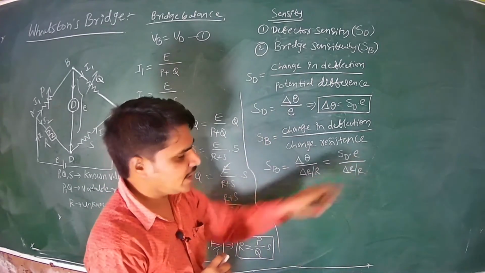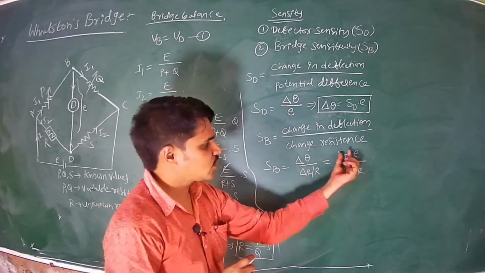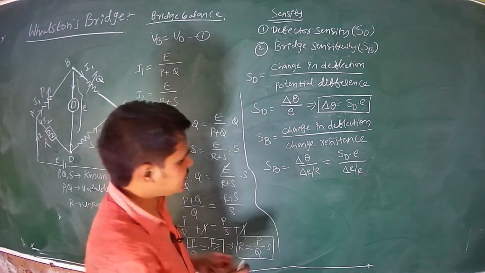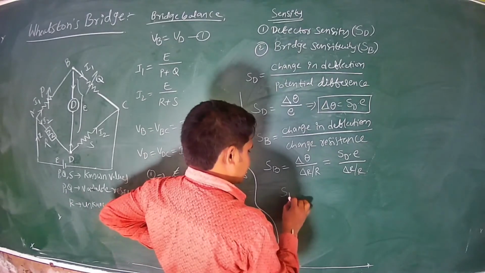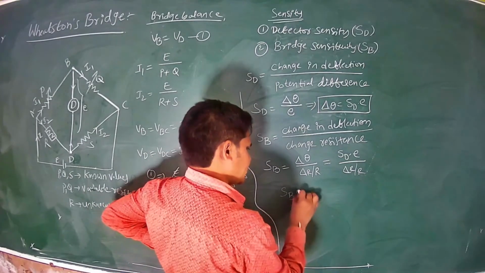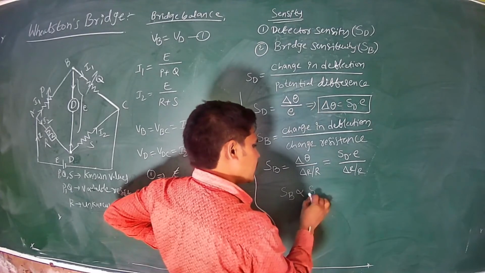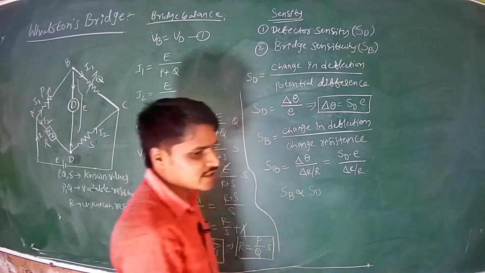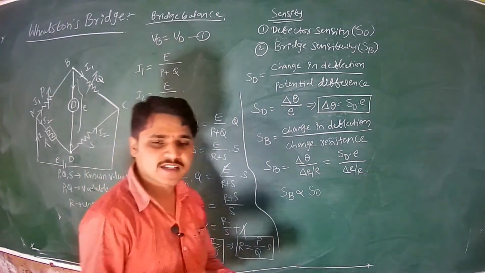Now we have to find this E in order to get the sensitivity of the deflection. Here the bridge sensitivity is directly proportional to the deflection sensitivity. That means the more the deflection sensitivity, the more the bridge sensitivity.